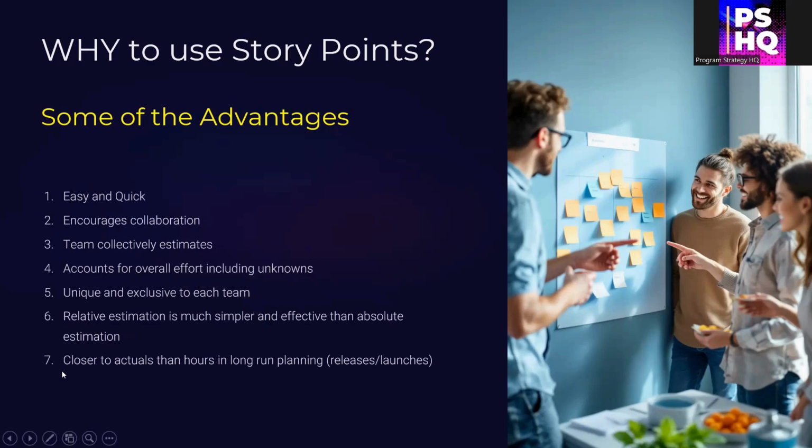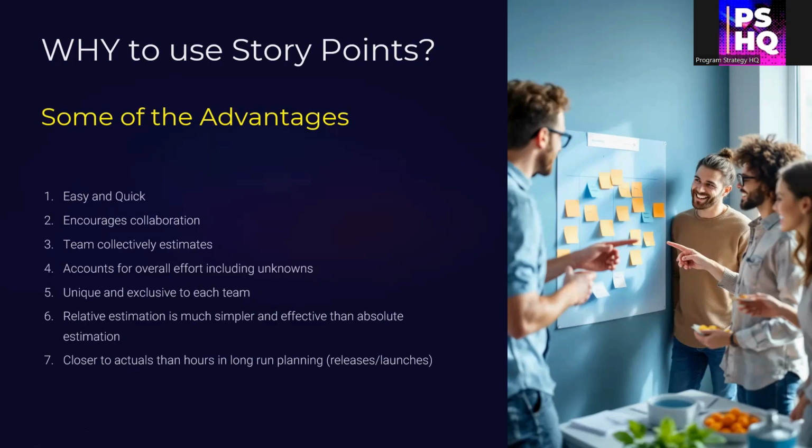And over a period of time in the past, we have seen that stories estimated relatively with story points are much closer to actuals than what we had planned in long-run planning. When we see absolute estimation techniques, the estimates which have come from that most of the time go off by either 10% of the schedule, or 50%, or sometimes even 100% and beyond.